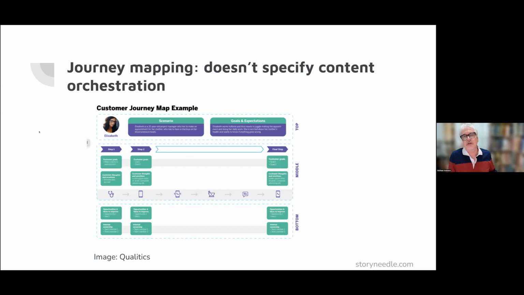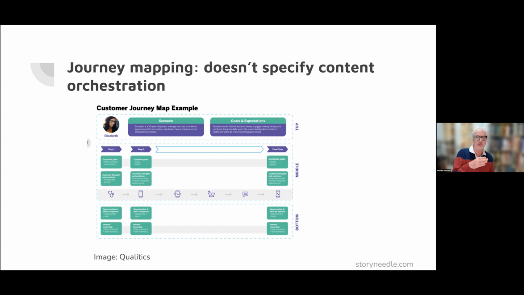Some of you may be wondering, so how does this relate to journey mapping? Journey mapping is obviously a long-established approach in user experience and in content strategy work. This is again a conceptual representation of a journey mapping, but it starts off with a scenario.